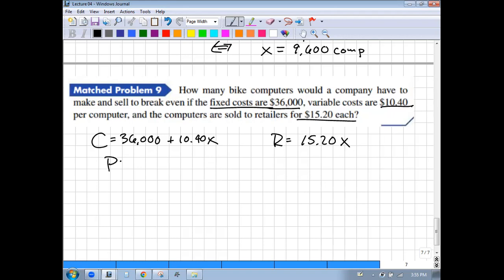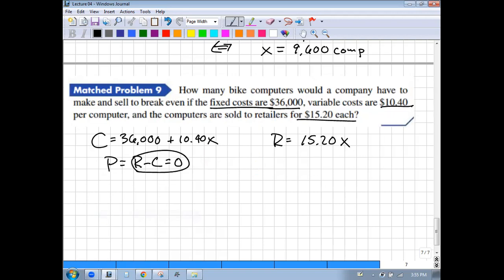And again, our profit, revenue minus cost, is 0 if and only if revenue is equal to cost. All right, we could write it this way. We don't have to set them equal.